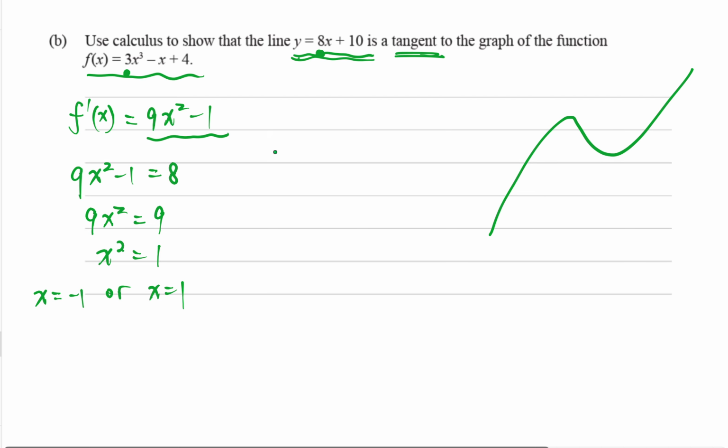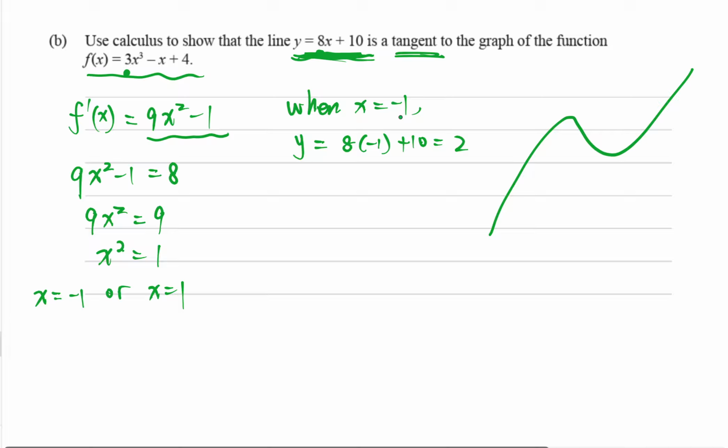You will know why. When x equals negative 1, I put the value into the line, so I get y equals 8 times negative 1 plus 10, which gives me positive 2.